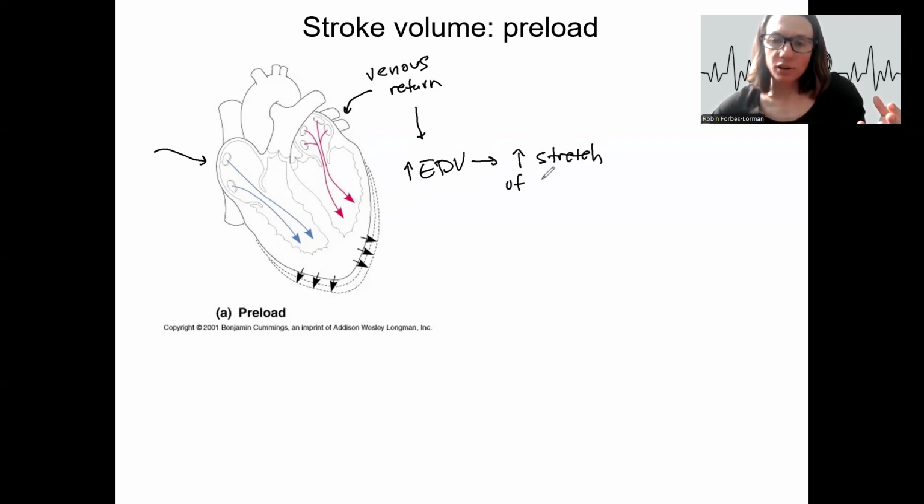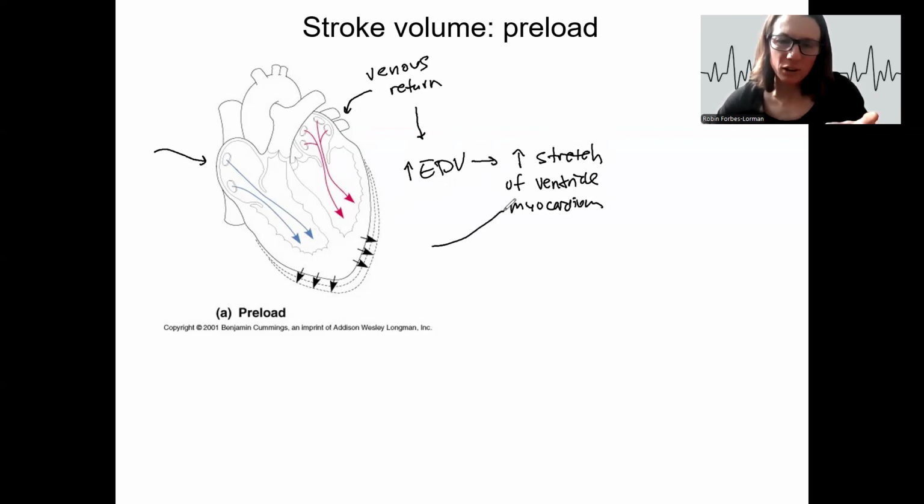So stretch of the ventricle myocardium. That's what's being shown by these arrows right here. There's so many arrows going different places, but okay. The more stretch there is, the more forcibly the heart can contract.